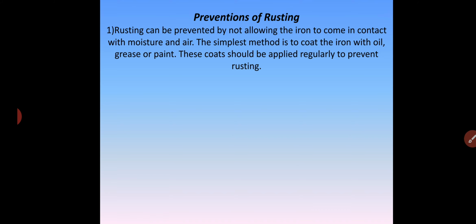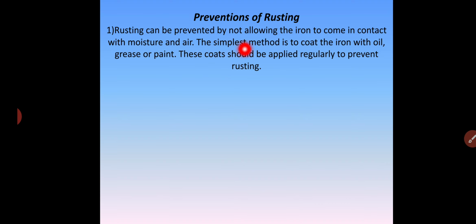Now, if rusting is such a big loss, how do we prevent it? See, the first method is that rusting can be prevented by not allowing the iron to come in contact with moisture or air. The simplest method is to keep metal things safe so they cannot come in contact with moisture.